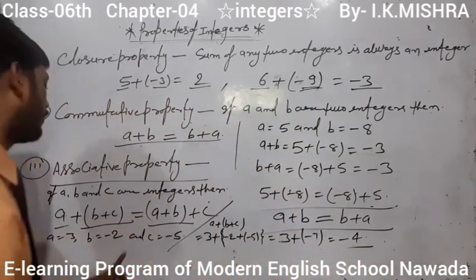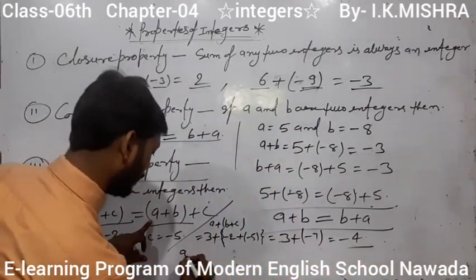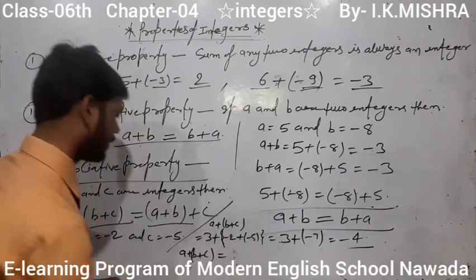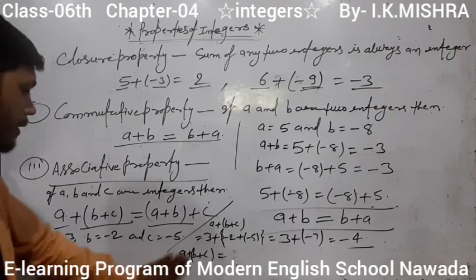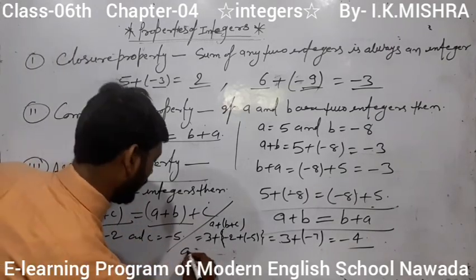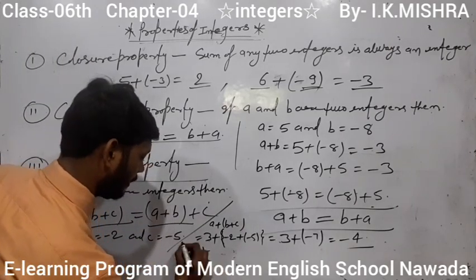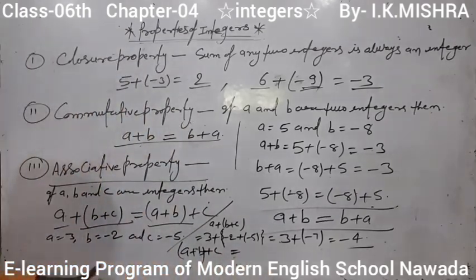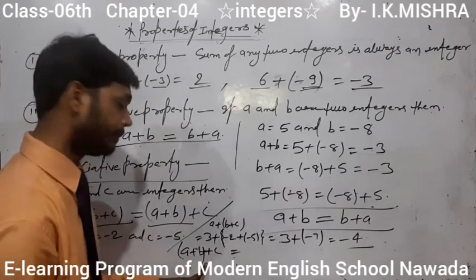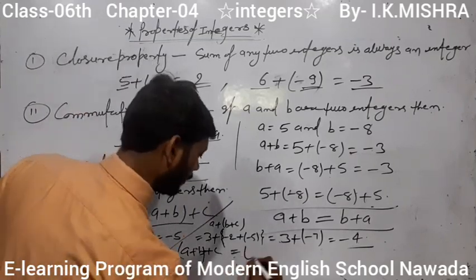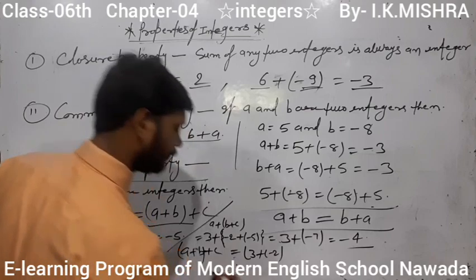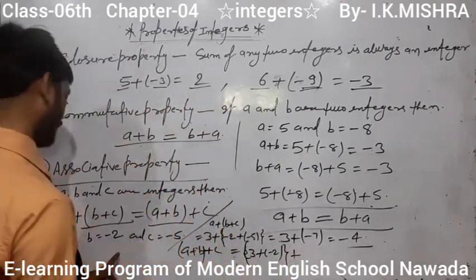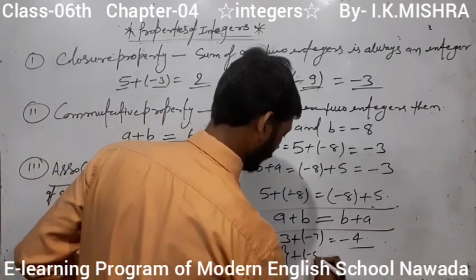Now students, find A plus (B plus C). Students, here first find B plus C, that is minus 2 plus minus 5.